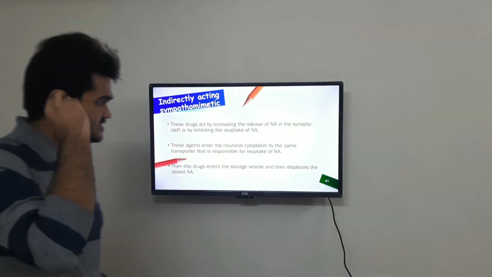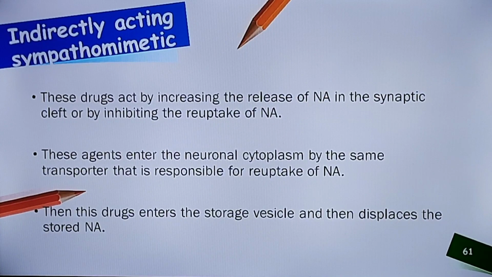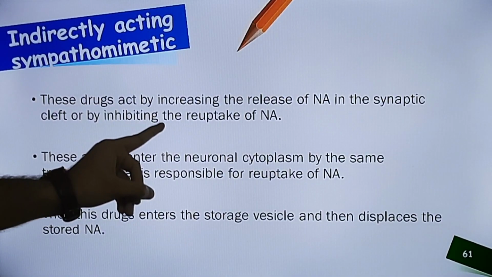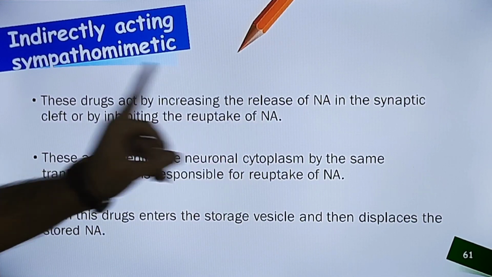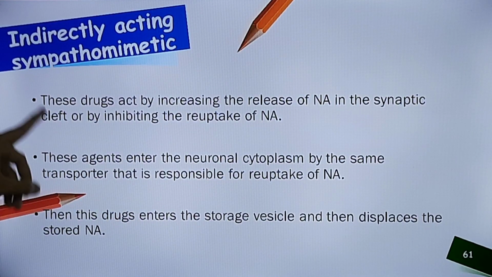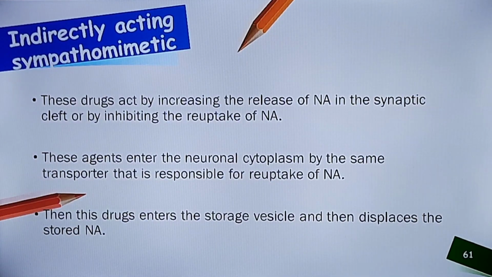So such indirectly acting sympathomimetic drugs act by increasing the release of noradrenaline in the synaptic cleft, or by inhibiting the reuptake of noradrenaline.